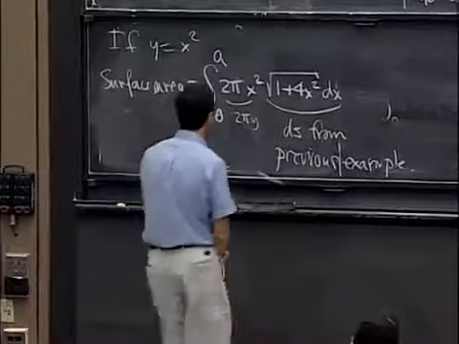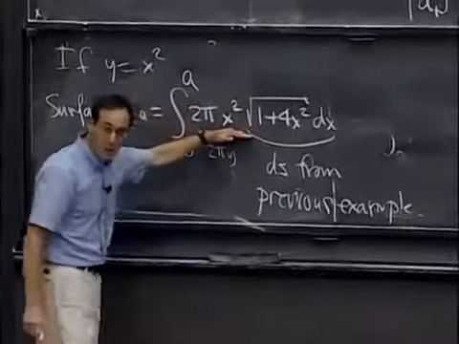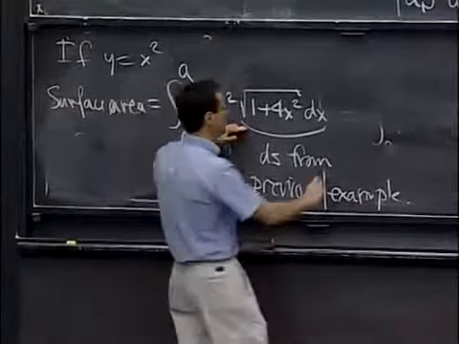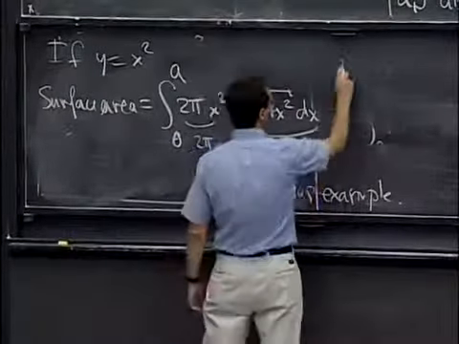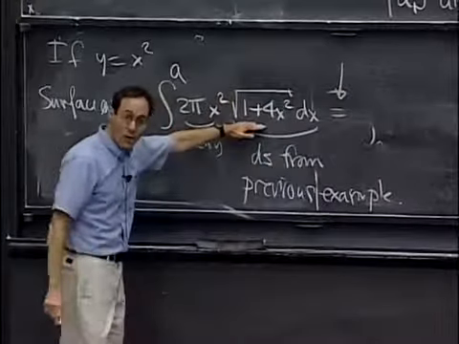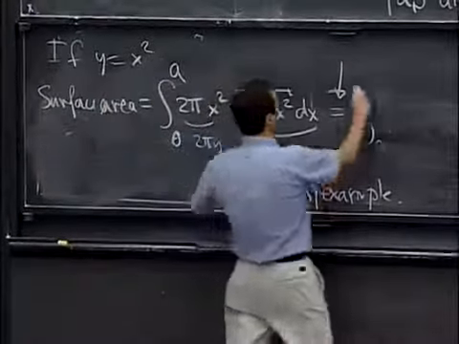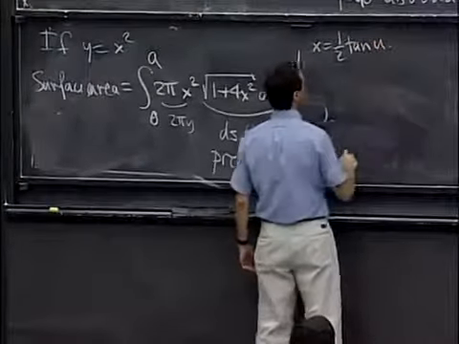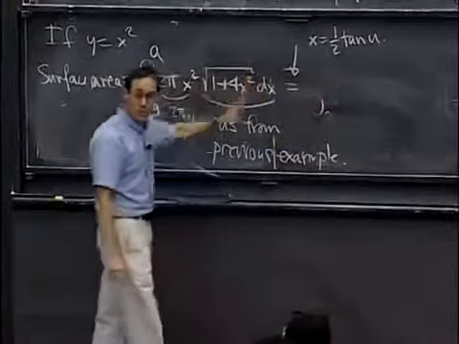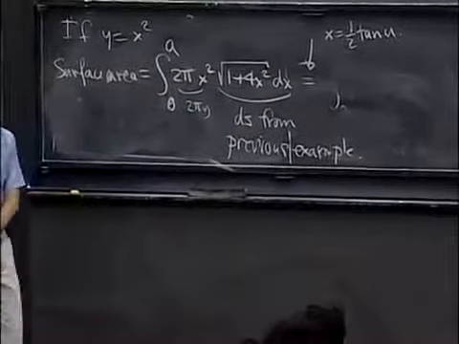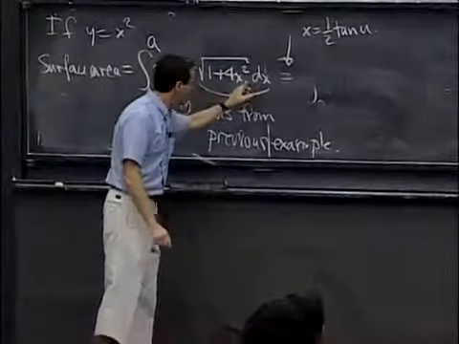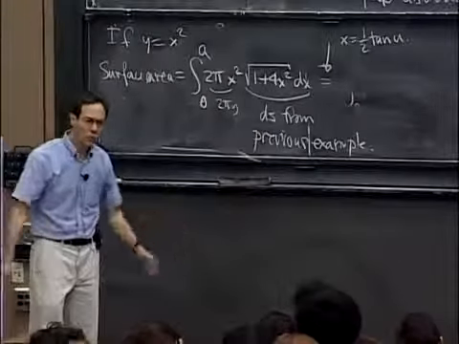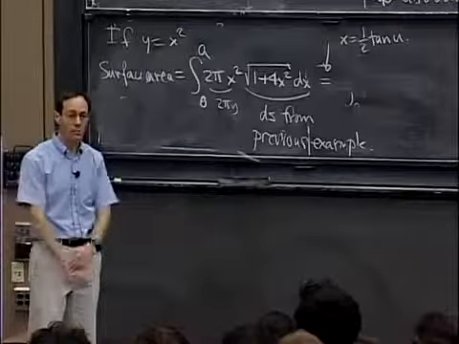Now, again, the calculation of this integral is kind of long. And I'm going to omit it, but let me just point out that it follows from the same substitution, namely x equals a half tan u, is going to work for this integral. It's kind of a mess. There's a tan squared here, and this secant squared. There's another secant, and so on. So it's one of these trig integrals that then takes a while to do.